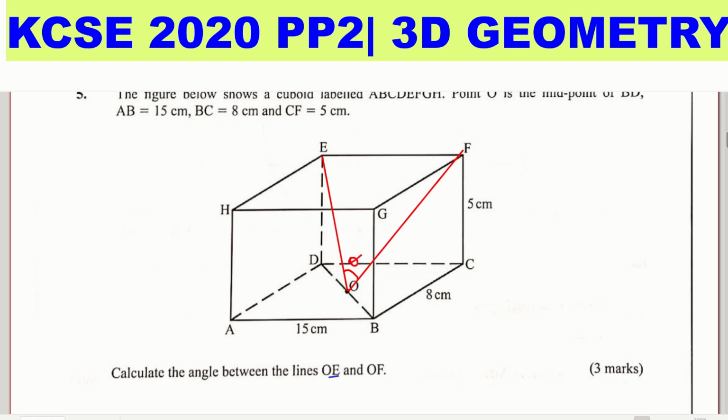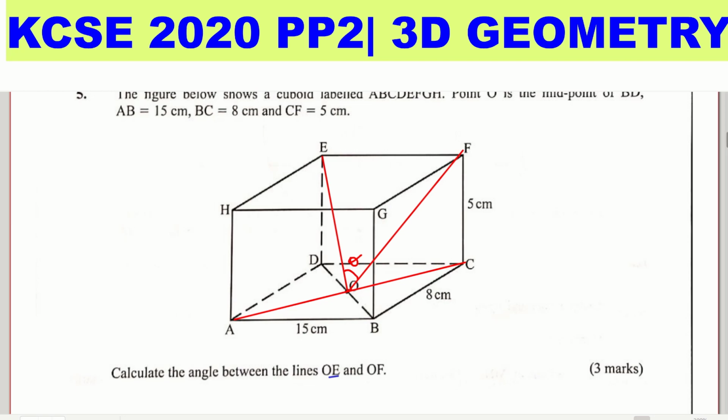Now to get that, we need to calculate the length of OE and OF. We can begin with OF. How do we get the length of OF? You're going to draw a line here. If you draw this line A to C, line AC is here.